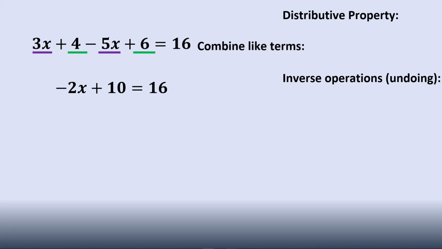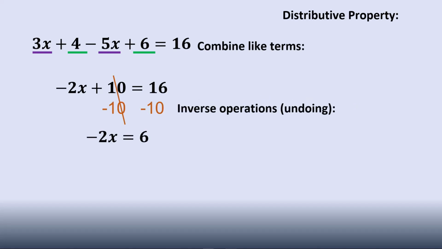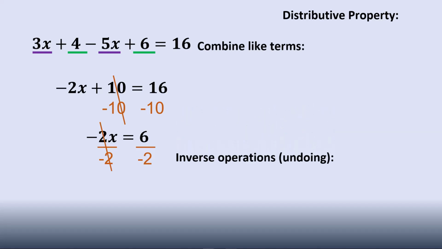So we combine those terms and we get negative 2x plus 10 equals 16 as the result. Now we begin using inverse operations, or the undoing process, by subtracting 10 from both sides, resulting in negative 2x equals 6. Then divide both sides by negative 2, and our result is x equals negative 3.